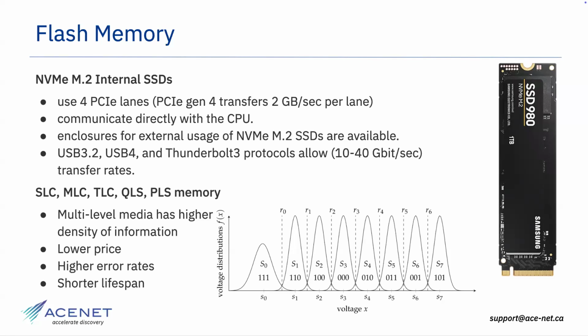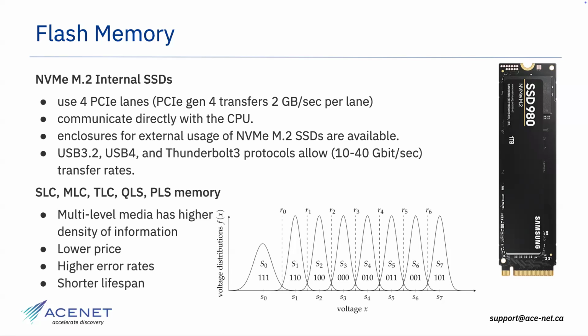So M.2 drives, unlike regular HDD and SSDs, are not attached to a motherboard via a cable. Instead, they are inserted directly into the motherboard via a dedicated M.2 connector port to the PCI Express bus.